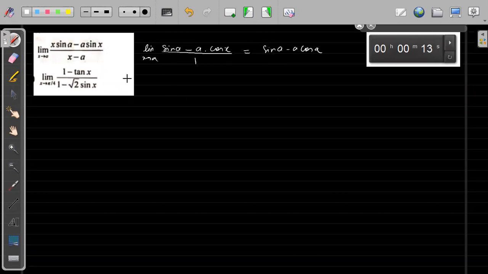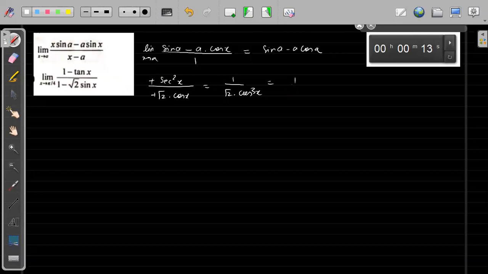Second one, if I differentiate, this will become 1 minus, sorry, because differentiation of numerator is minus sec square x, divided by differentiation of denominator, which is 0 minus root 2 sin x is cos x. So minus and minus will become plus. So 1 by root 2 into cos cube x.